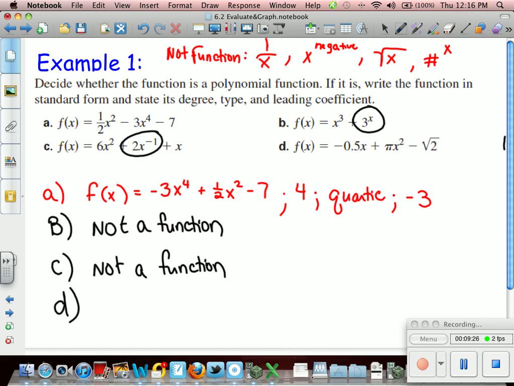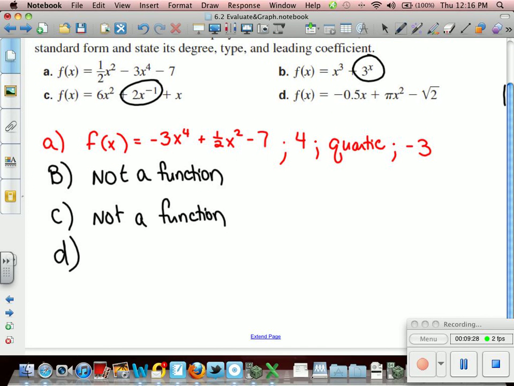You said not. Why? There is a square root, but is the variable inside the square root? No, so it is a function. You did see a square root, but it's only affected if there's a variable inside the square root.